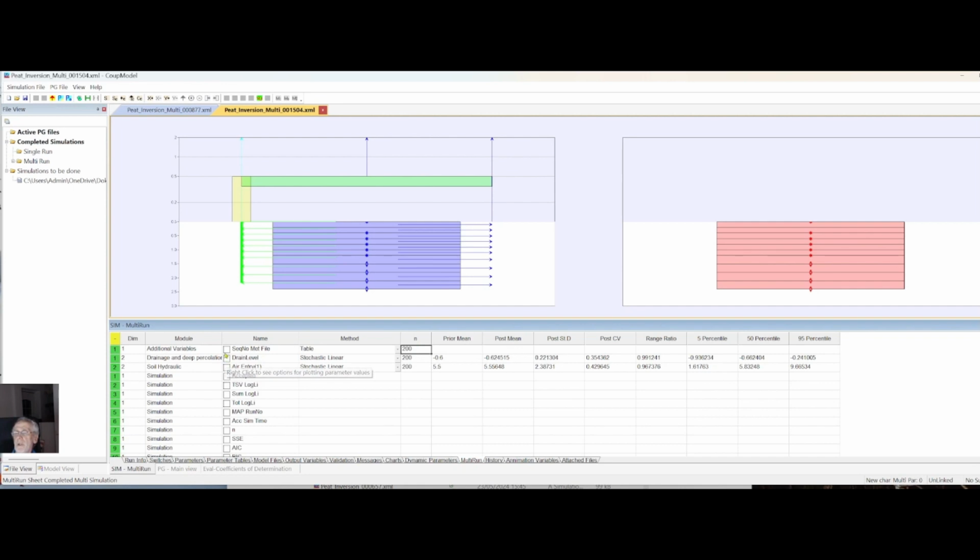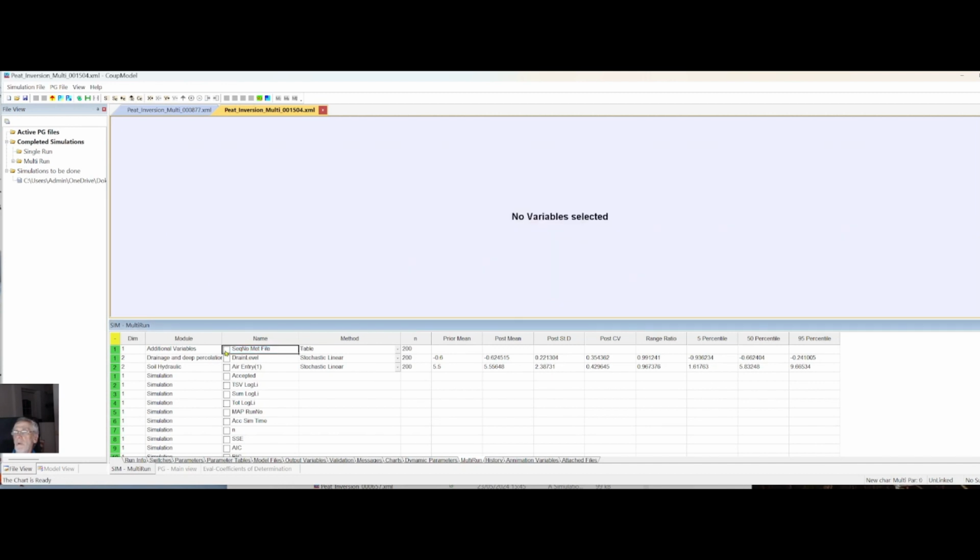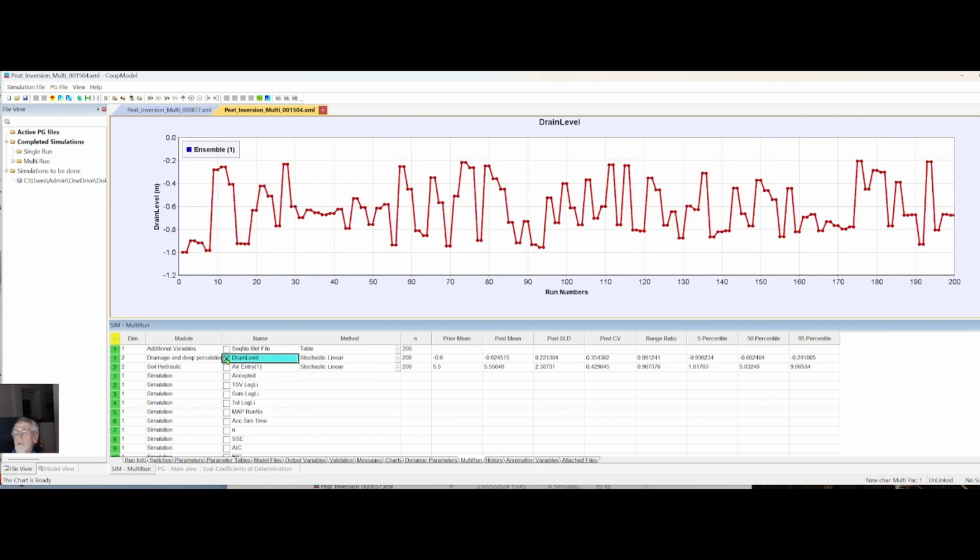And we can see that if I look to the sequence number, again it's jumping up and down, but the drain level is now arbitrary for those 200, but it is like pairs, so it's keeping 2 values with the sequence number. So they are not random in that respect, it's only making like 2 loops.